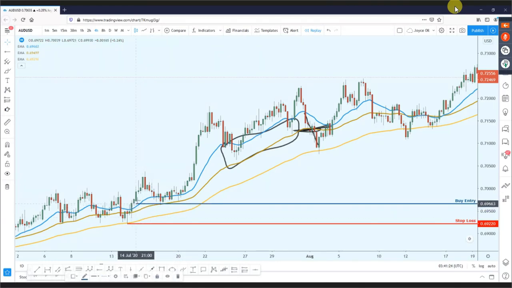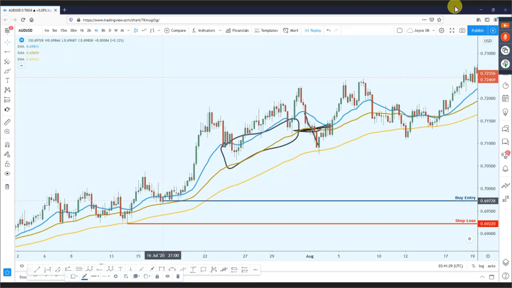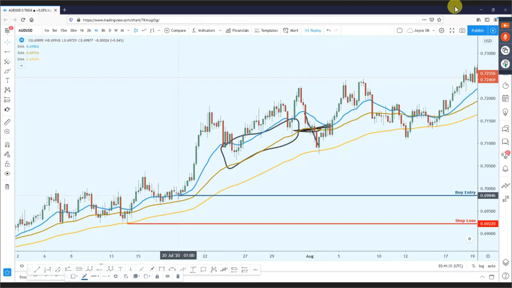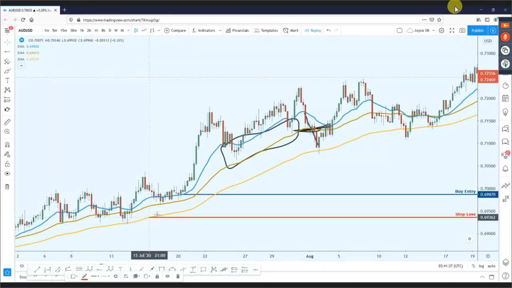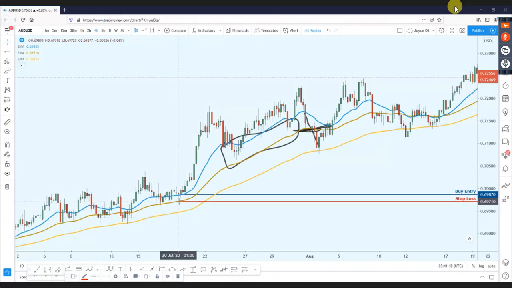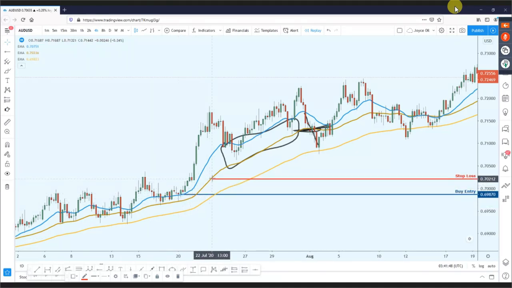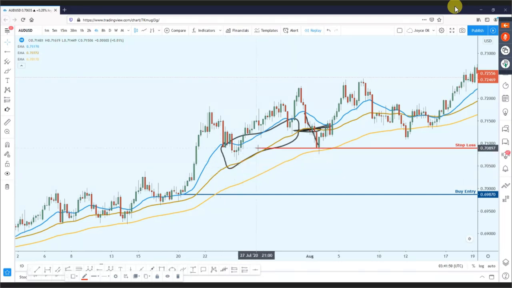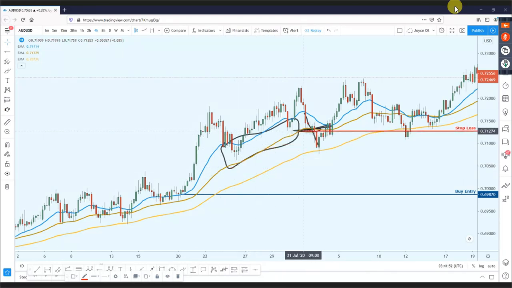But if you miss this entry, you can always come back in when they close up the white river gap and start pushing away from the river again. And then this time you can move your stop loss to underneath. Okay, so every time it moves, you can just follow your stop loss along the brown line until this area where you got stopped out.